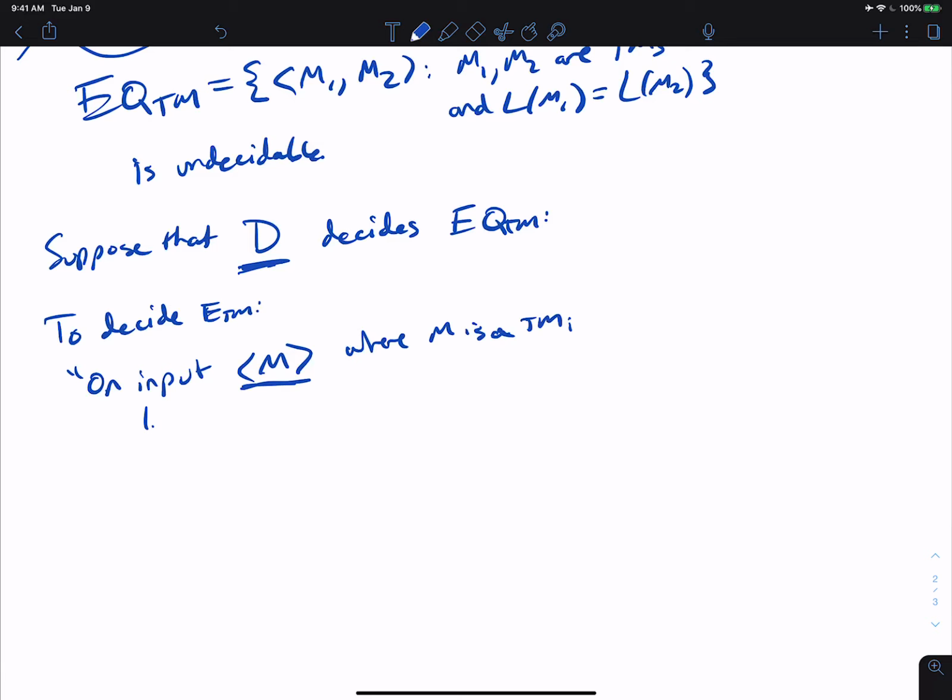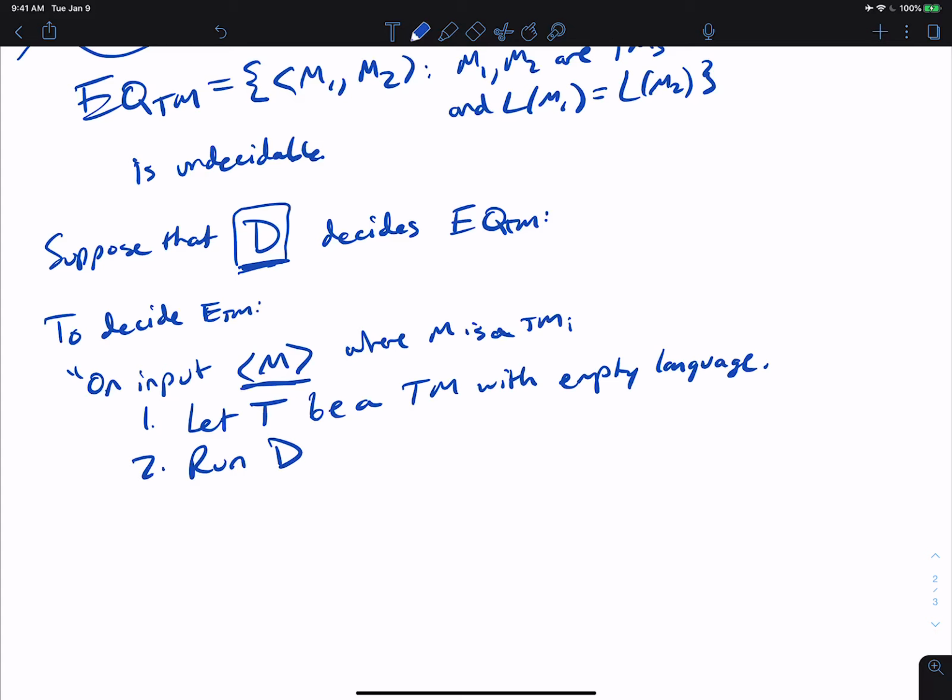But we have an oracle, a magic crystal ball, that tells us whether two Turing machines have the same language. So we could just make a machine that has empty language and have that be the second machine. Let T be a Turing machine with empty language, and then run D, the supposed decider for EQTM, on the two Turing machines, the one we were given and the one we made, M and T.